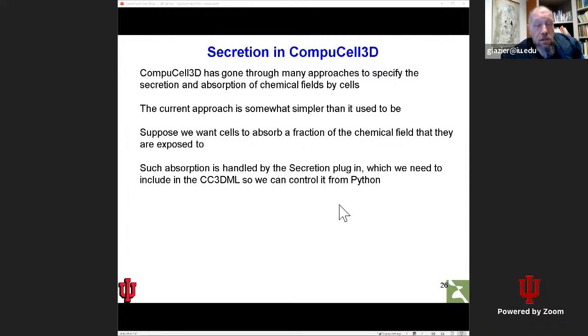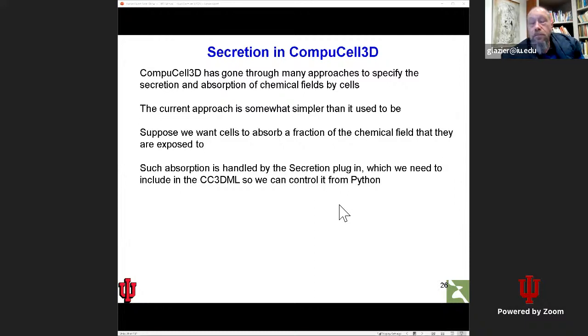Secretion in CompuCell has also gone through a variety of iterations, some of which are in the separate secretion plugin, some of which are in the diffusion solver, and some of which live in Python.